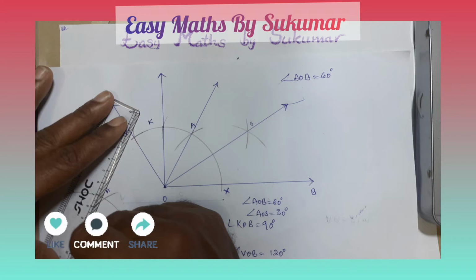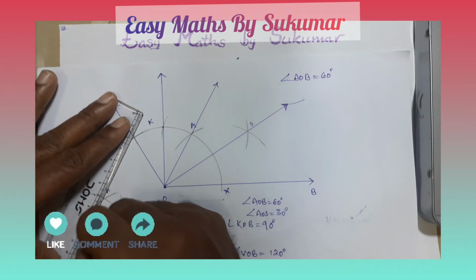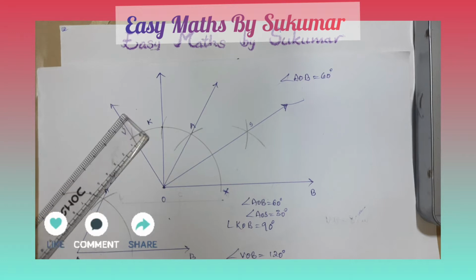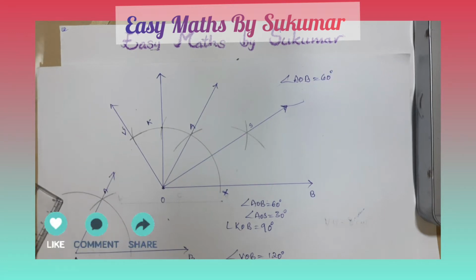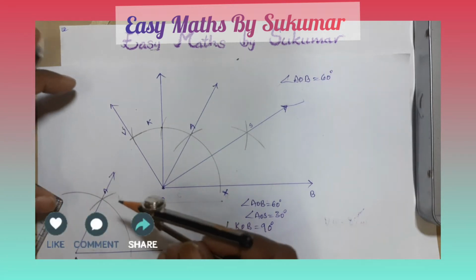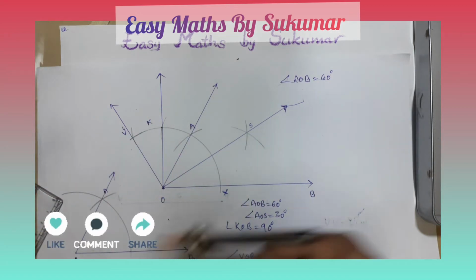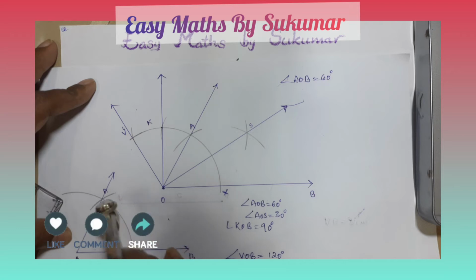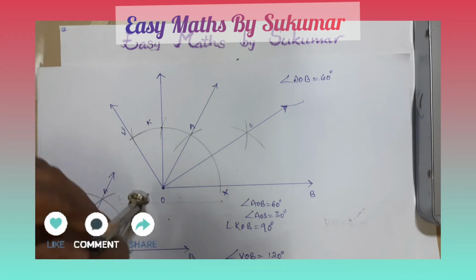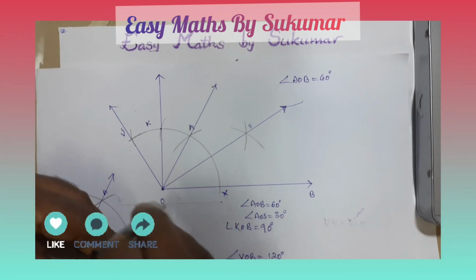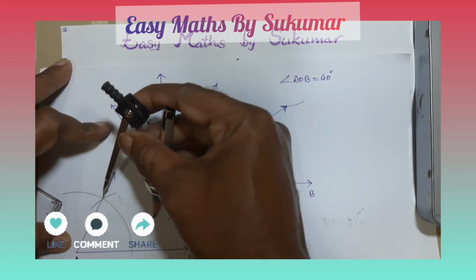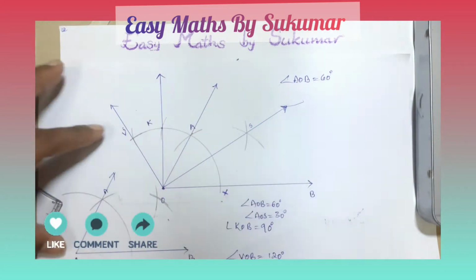So my dear students, this angle AOB is 60 degrees. And I am also repeating how to construct, how to draw the angular bisector of angle AOB. See, with the same radius, just draw an arc like this, and from A also, my dear students, draw another arc.